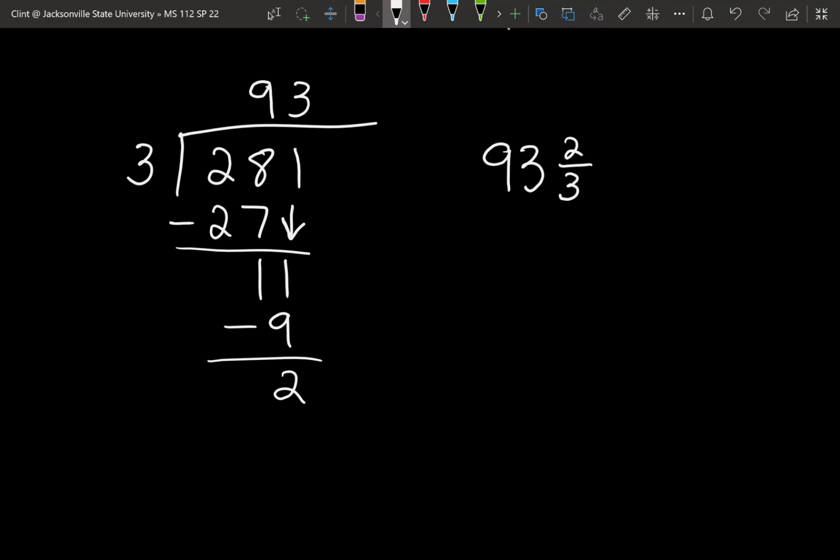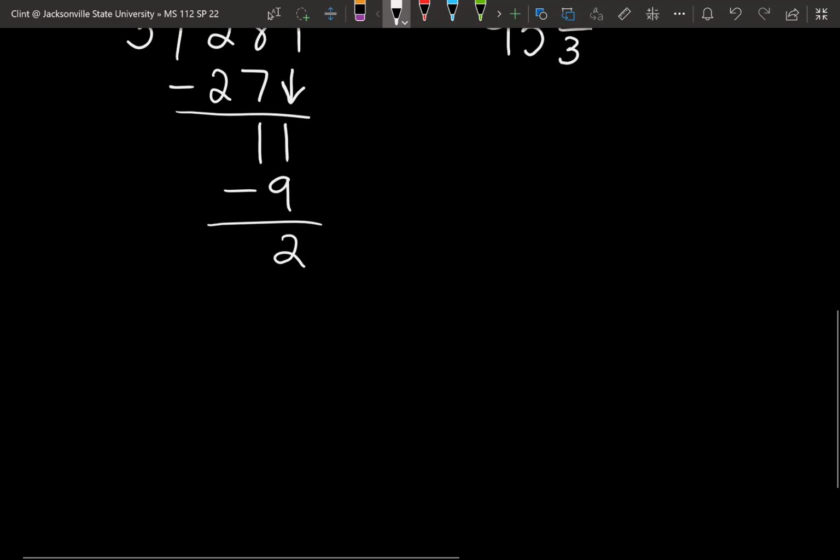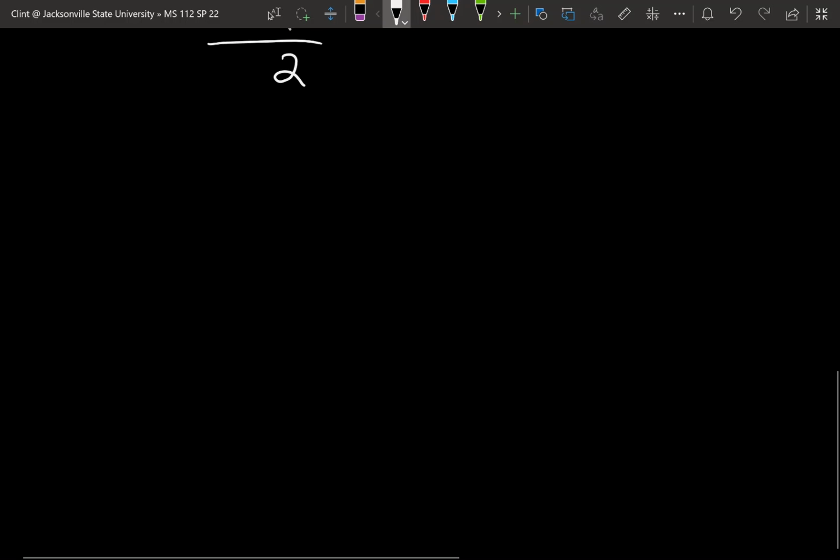All right, so we're going to do the same process, but our divisor and the thing we're dividing, the dividend, are both going to be polynomials. Definitely polynomials. So let's look at one of those. This is called long division.